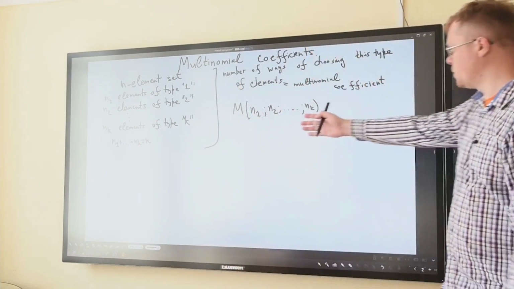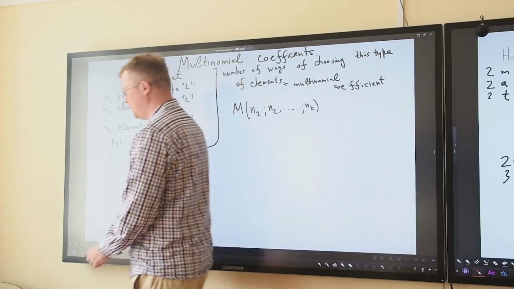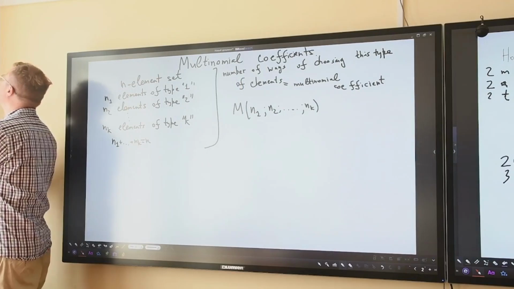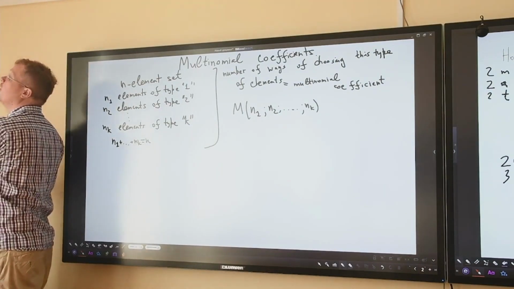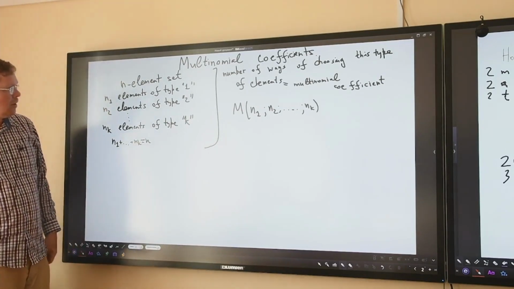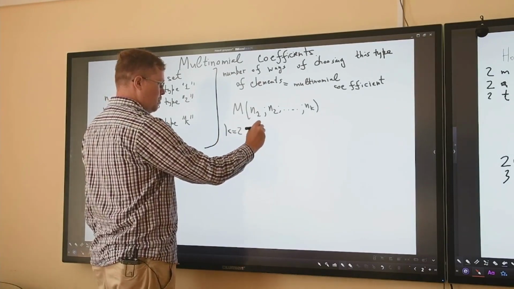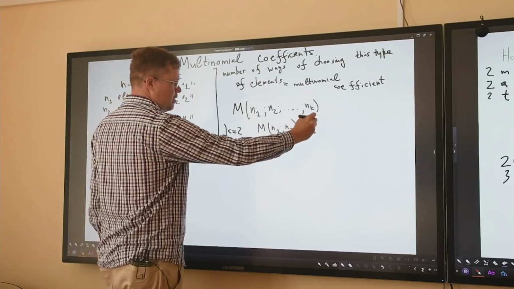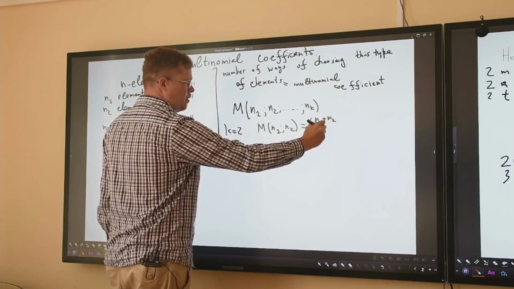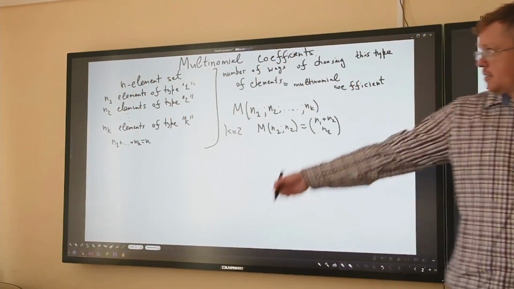So if k is equal to 2, this is just the binomial coefficient, and in the arbitrary case, this is the multinomial coefficient.